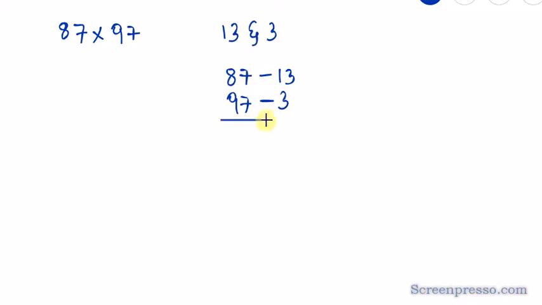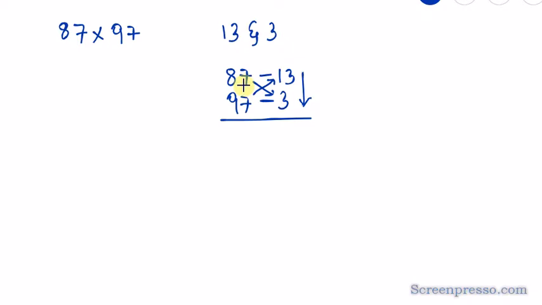Then you have to proceed with the cross multiplication and subtraction concepts. Here 87 is subtracted with 3 and 13 is subtracted from 97, and finally we have to multiply the numbers after the minus symbol vertically.